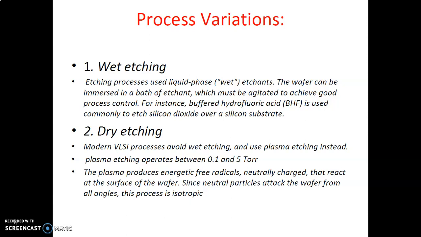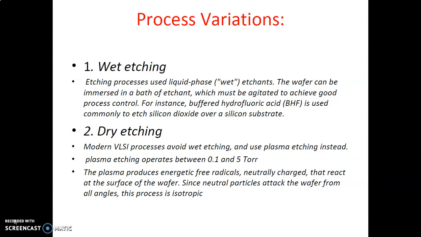Now the second is dry etching. Modern VLSI processes avoid wet etching and use plasma etching instead. Each and every process has some limitations; not a single process is perfect.